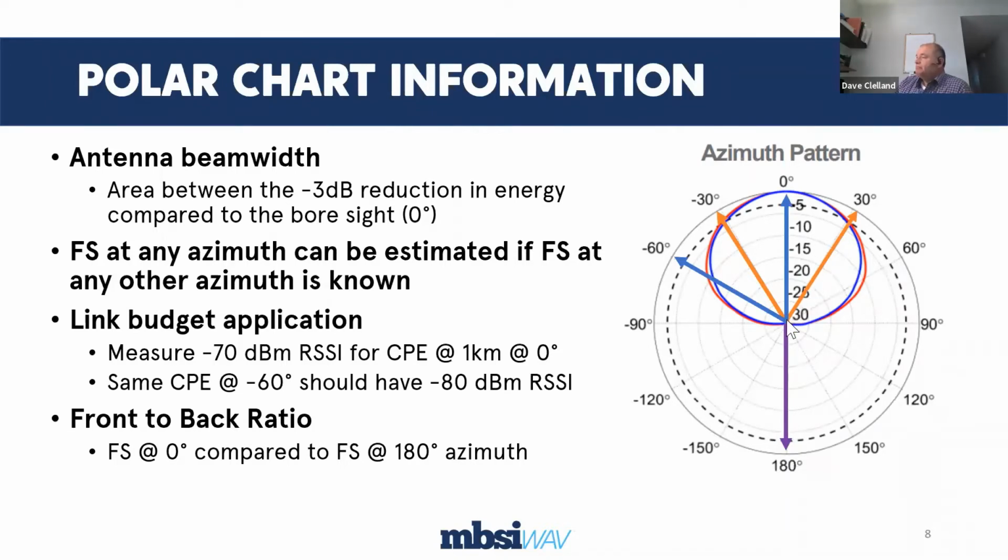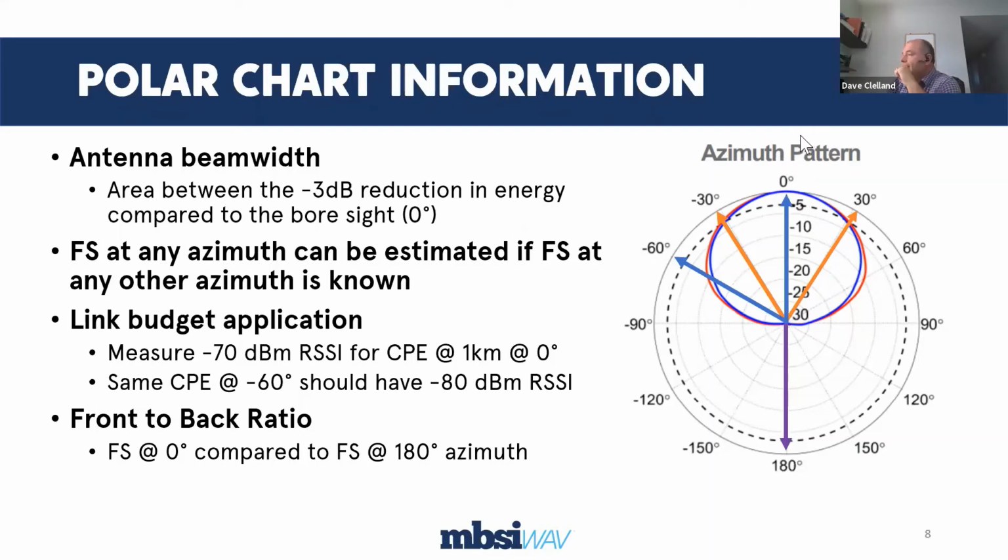Now, in this particular case, if I went out here, measured my signal at my 1 kilometer range, I might find that I have a minus 65 dBm RSSI. Okay, that's great.